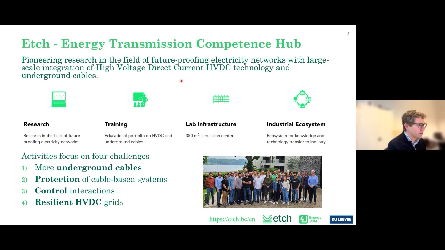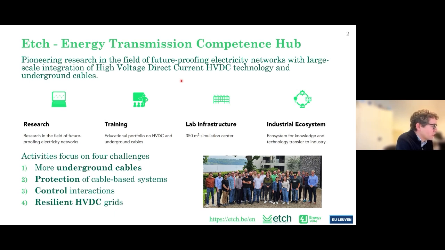Within this competence hub, we are pioneering research in future-proofing our electricity networks, where we see a large-scale integration of HVDC technology and underground cables. Our activities are centered on research, training, setting up a brand new lab infrastructure, and having an industrial ecosystem with our partners to ensure knowledge and technology transfer towards the industry.